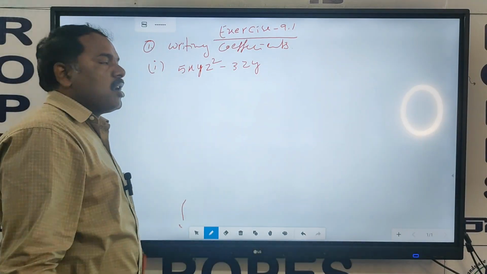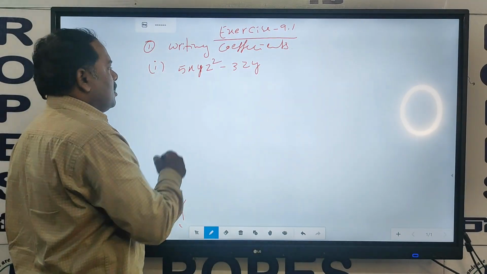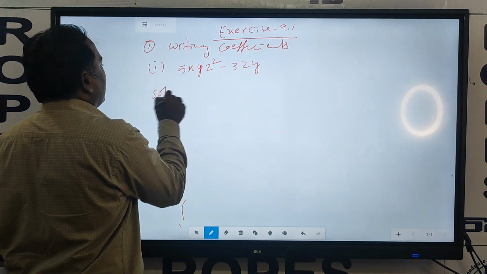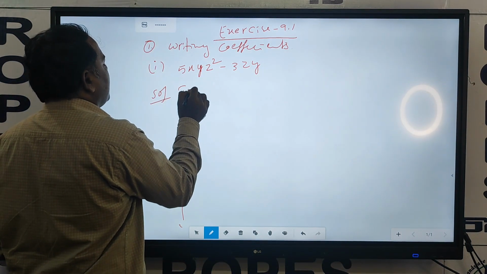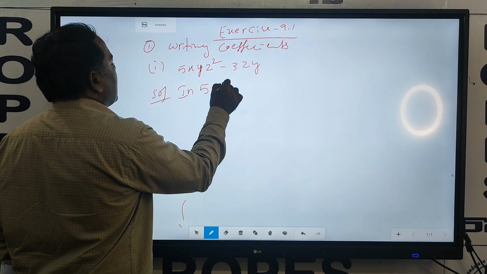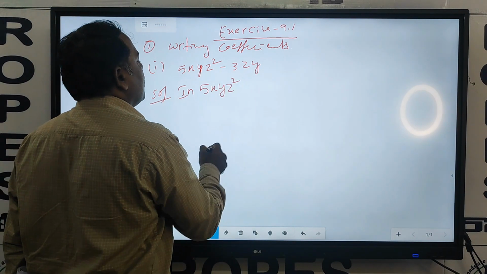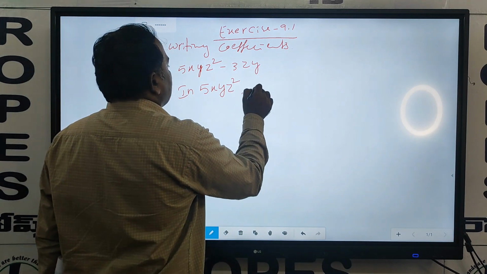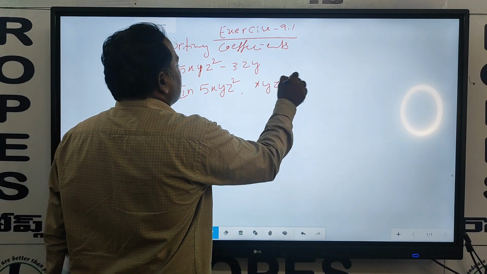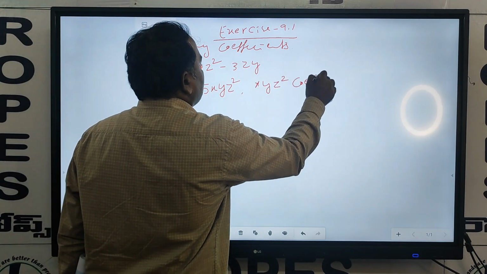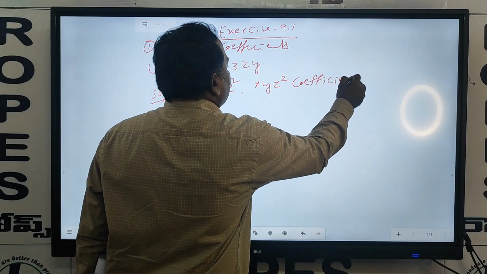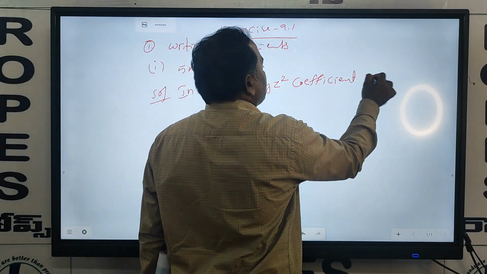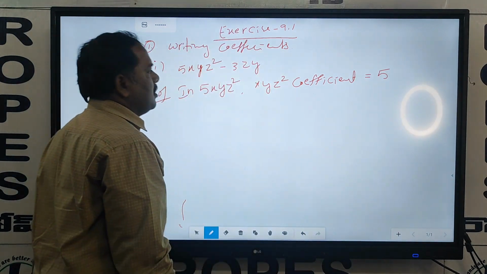For each term we have to write the coefficient. In 5xyz square, the coefficient is equal to 5.